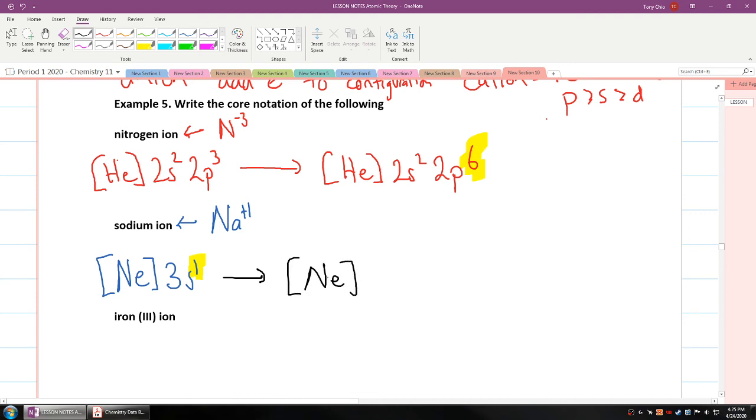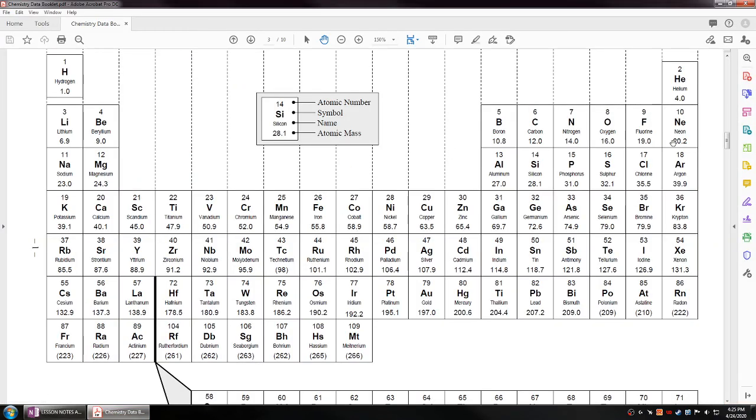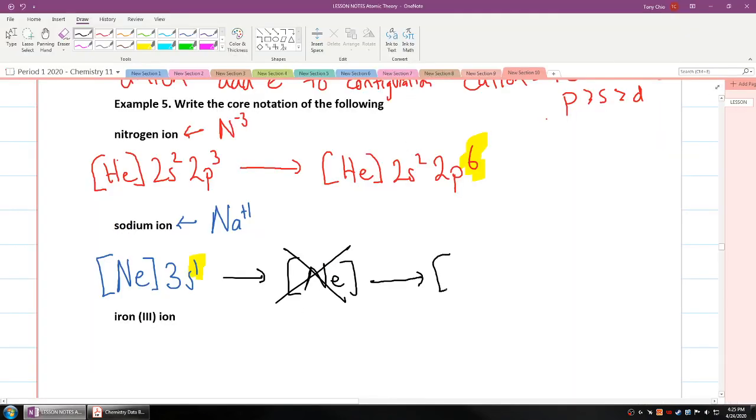But what do we know about writing the core as just the noble gas? It doesn't work. So you got to go down one more because you can't write just neon by itself. You got to write the previous row's noble gas, which in this case is still helium 2s2 2p6. So what does that mean? It means nitrogen ion and sodium ion will have the same core notation.